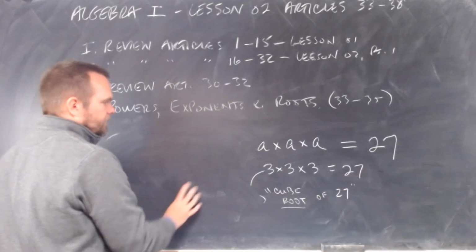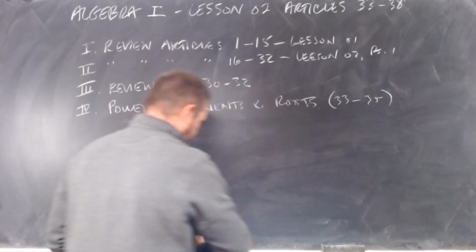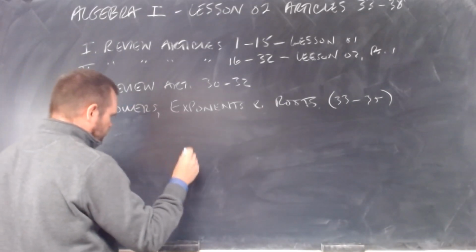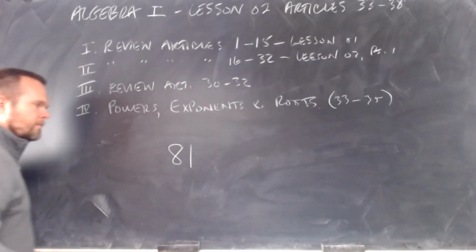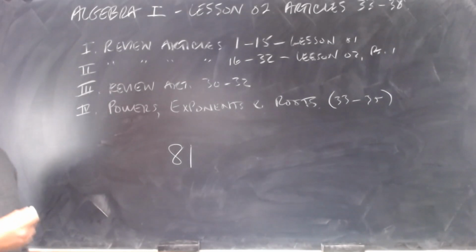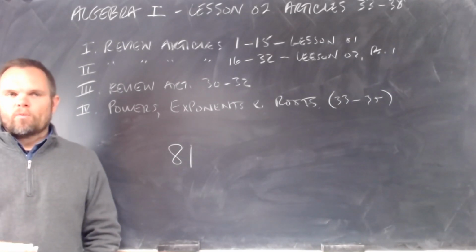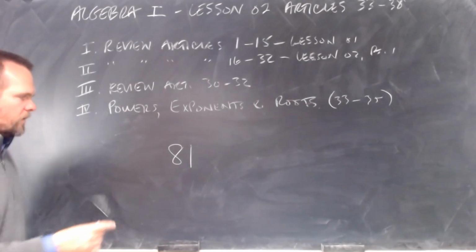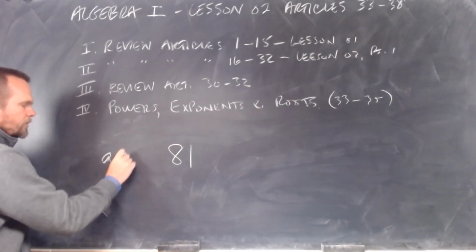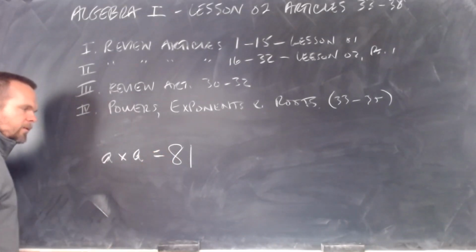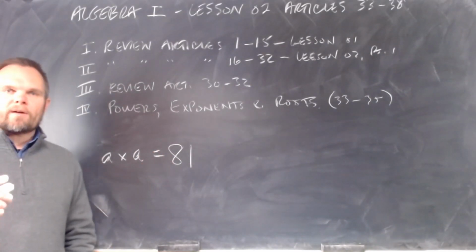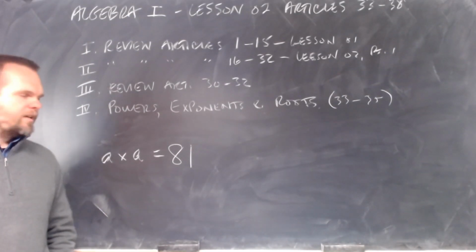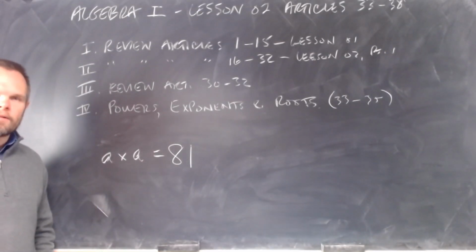Let's try another one, just to make this clear. If I took the number 81, and I asked you, what is the square root of 81? What I'm asking is, what number multiplied by itself equals 81? What is the square root of 81?